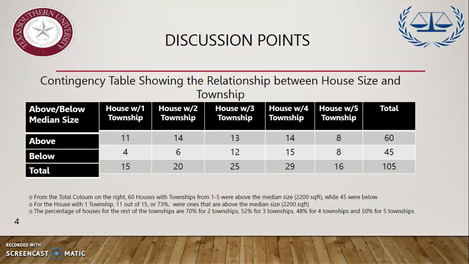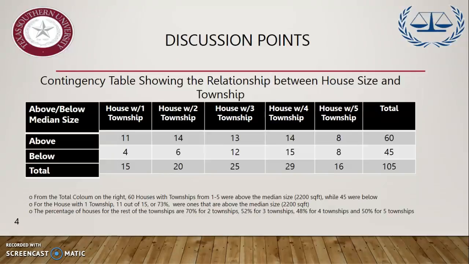Once I figured out the median size, I simply had to count to find how many houses with one township were above and below. That is what's represented in this contingency table.